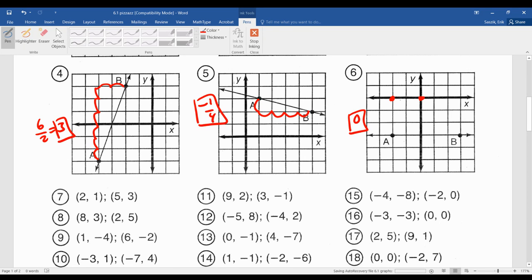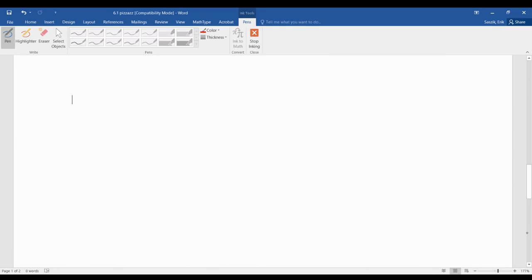Now, the next thing we're going to talk about is slope formula. So, we showed it from a graph, but creating a graph is sometimes very cumbersome. It takes time, and if the number's really big, a graph is not friendly to do it with.